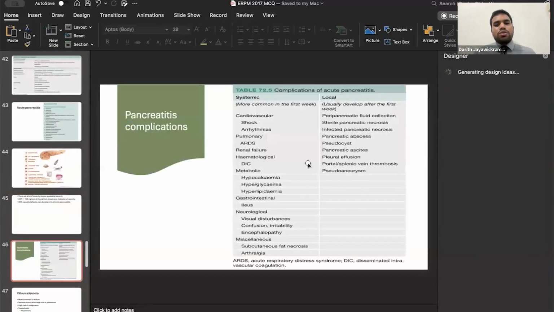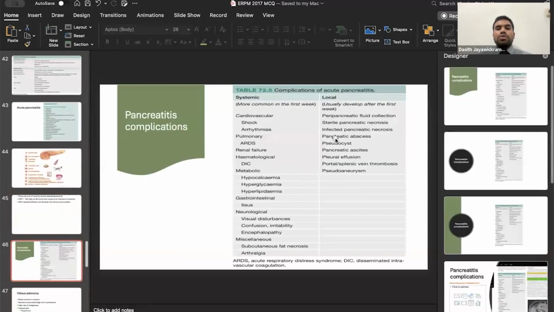So you can divide the complications of pancreatitis into systemic and local. Systemic can be divided depending on the organ: cardiovascular, pulmonary, renal, hematological, metabolic, GI, neurological, miscellaneous. Anything can happen. Most commonly cardiovascular shock, pulmonary ARDS, and renal failure. Then comes DIC and the metabolic parts. And local, as I said earlier, peripancreatic fluid collection and pancreatic necrosis.